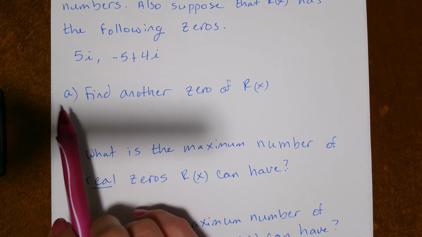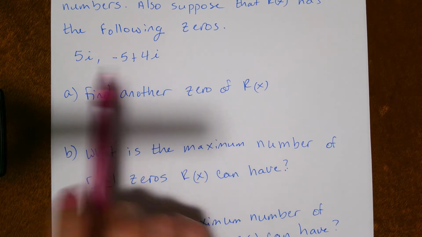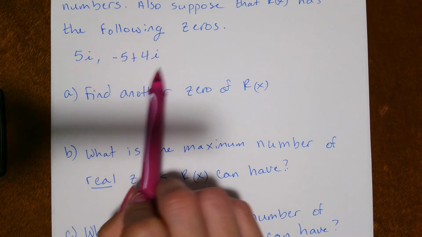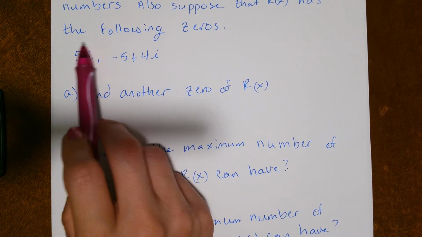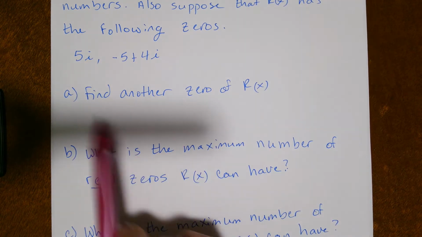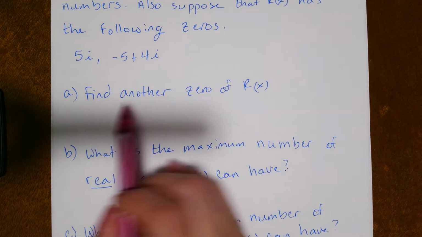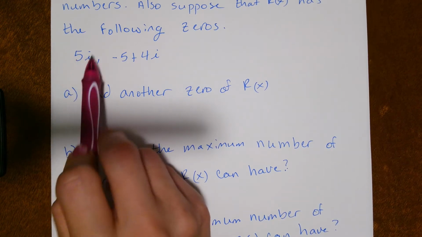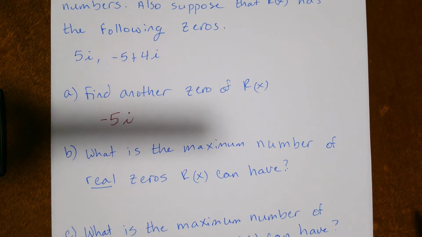So the first part of this question says find another zero of r of x. Well, by the complex conjugate theorem, we know if I have a non-real solution that they come in pairs. So part A has 2 possible answers that you could use. 5i is non-real, so negative 5i is also a solution.